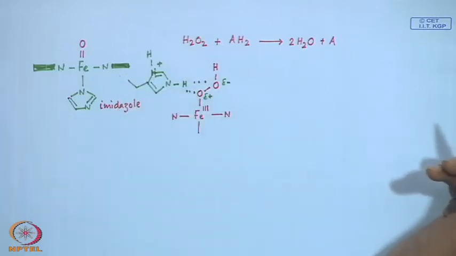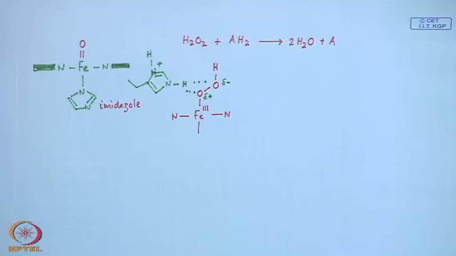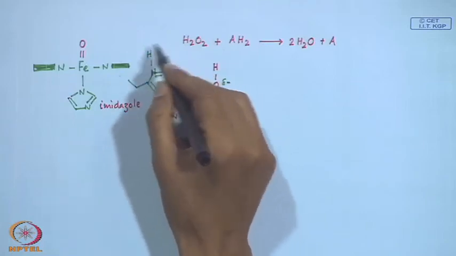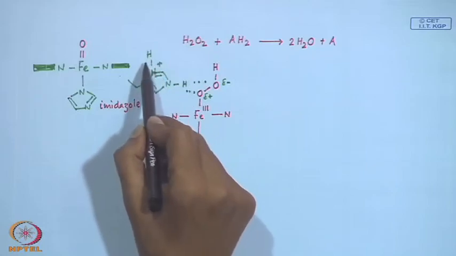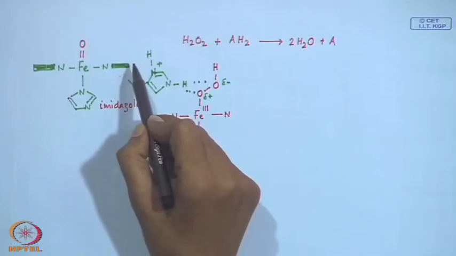This is the binding. So, this NH nitrogen is involved in hydrogen bonding, but the second nitrogen, depending upon the pH of the medium, can sometimes be protonated. So, this hydrogen can supply a proton to the system, and can also accept a proton from the system.